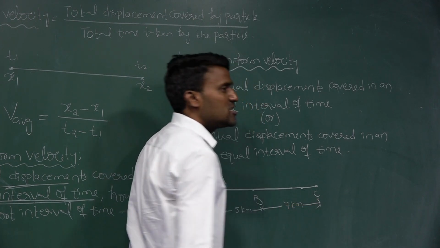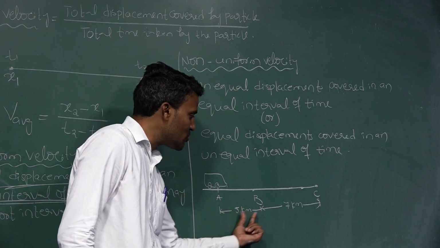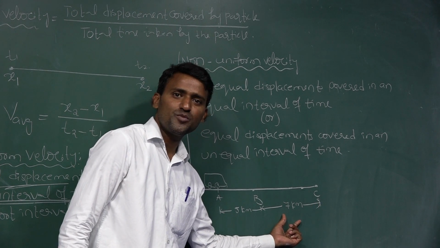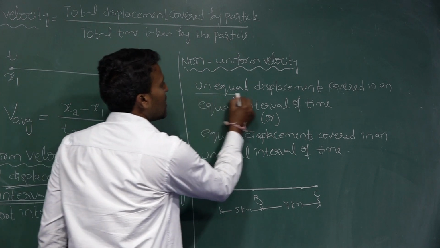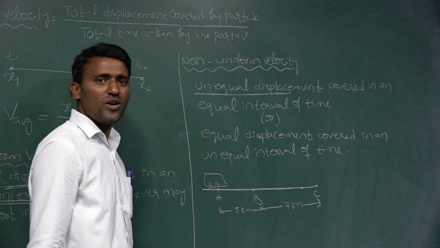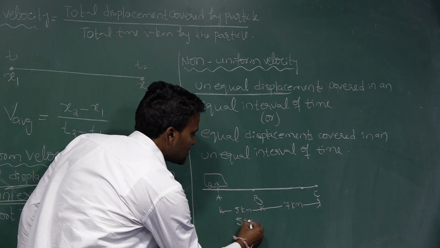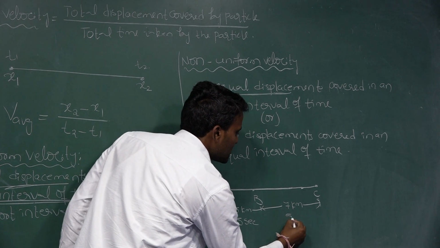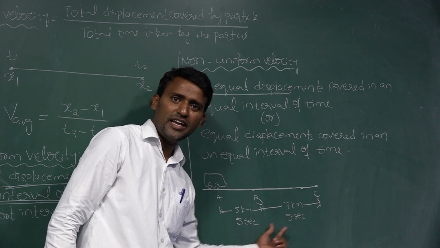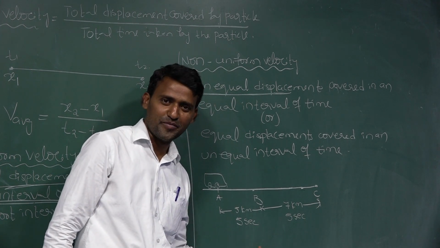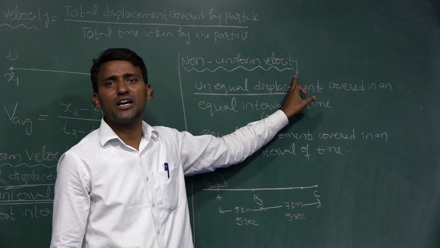Now A to B 5 kilometers, B to C 7 kilometers means unequal displacements. See, it's the definition, unequal displacement. And these 5 kilometers are covered in 5 seconds, and 7 kilometers are covered in 5 seconds. Unequal displacements covered in an equal interval of the time. That is called non-uniform velocity.